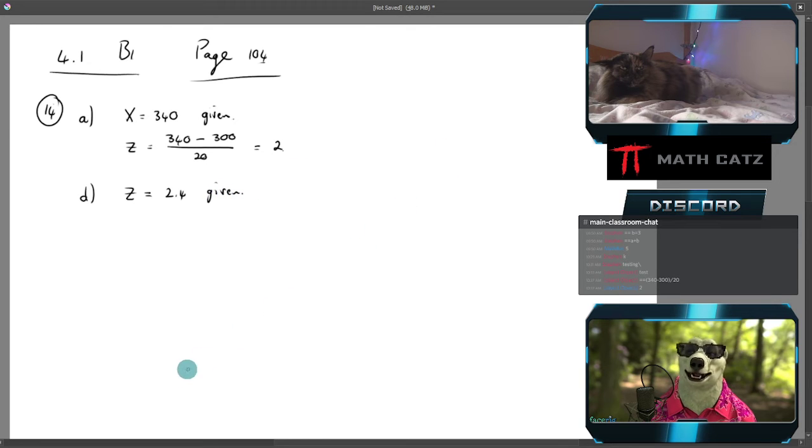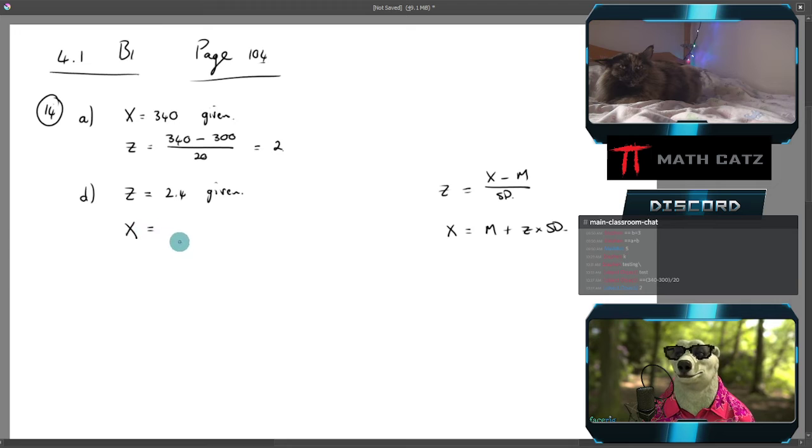And if you remember the formula, let's put it over here. Z-score is x minus the mean over the standard deviation. If you then rewrite that to solve for x, we get x is the mean plus the z-score times the standard deviation. So that's what we're going to use. Mean is 300 plus 2.4 times my standard deviation of 20.